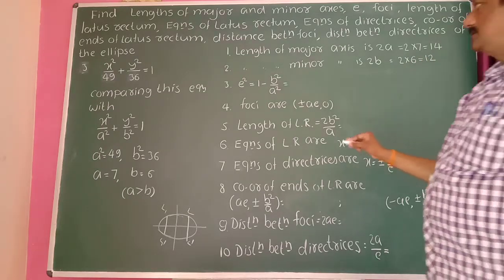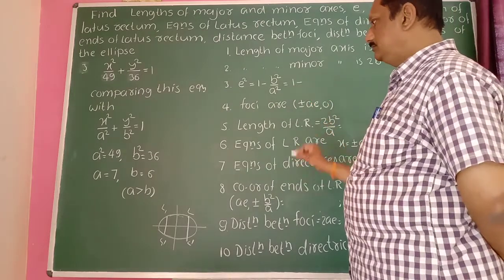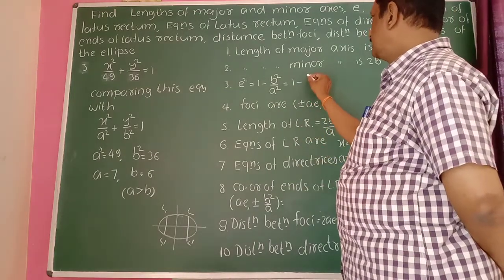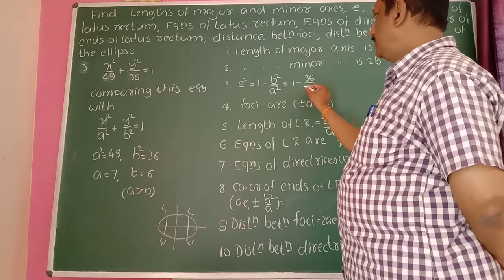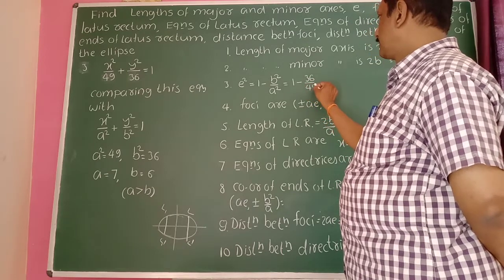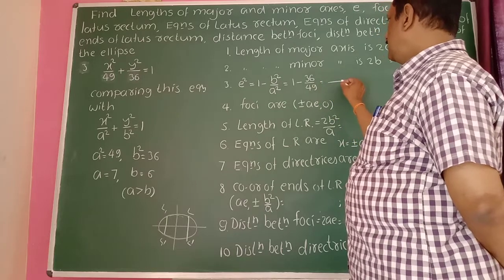And the eccentricity is root of 1 minus 36 divided by 49. Then 49 is the LCM.